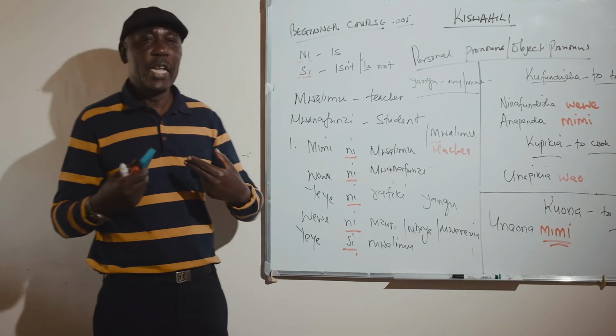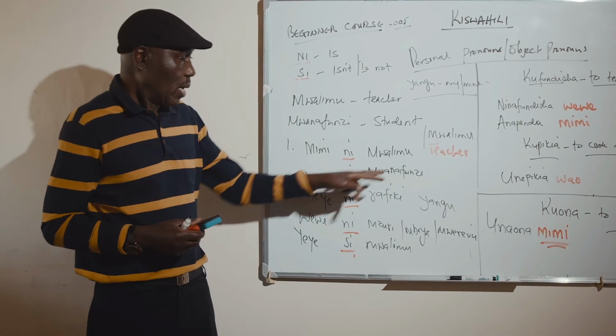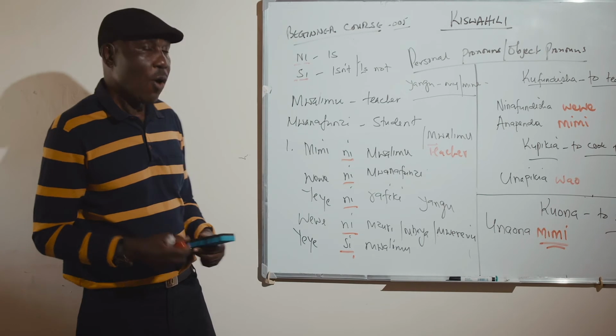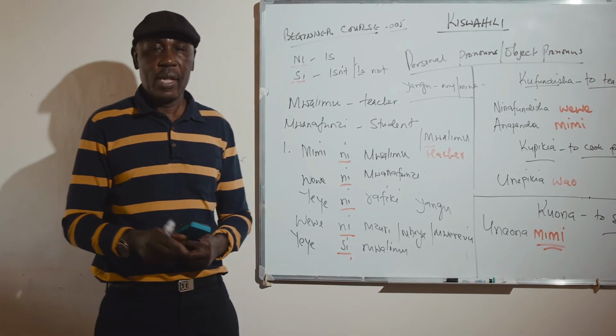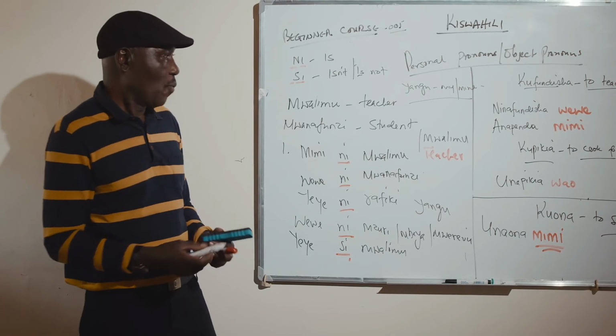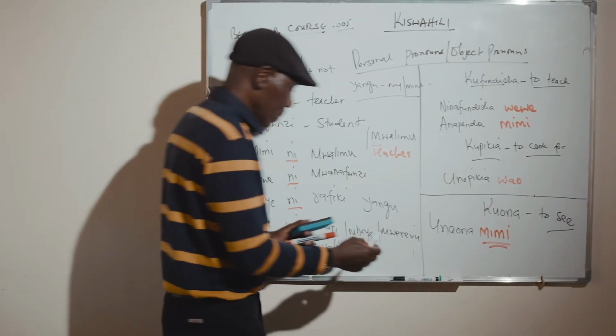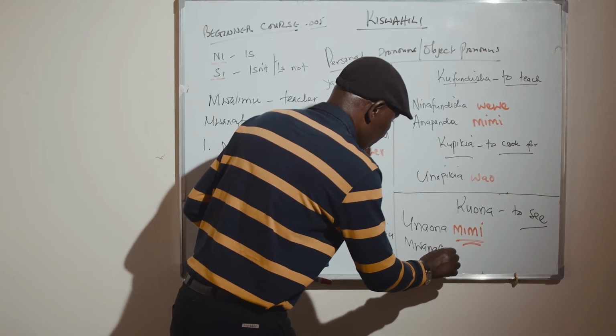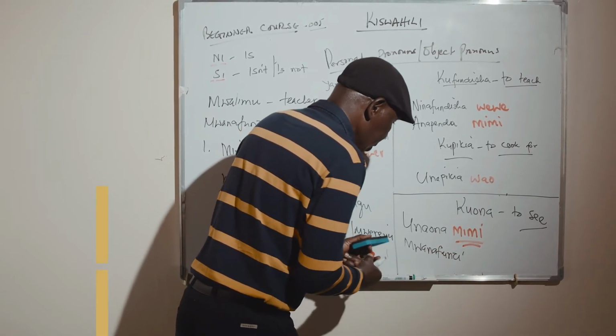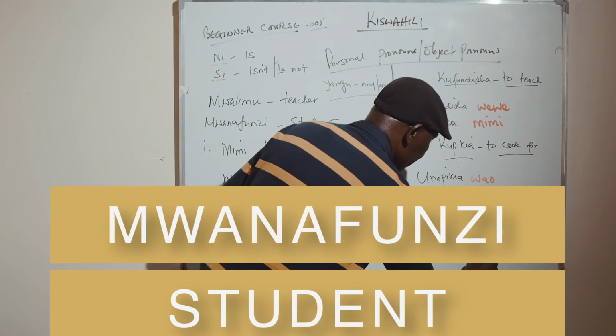So if I say mimi ni mwalimu, I'm a teacher, I would also say wewe ni mwanafunzi. Wewe ni mwanafunzi. Mwanafunzi is student.